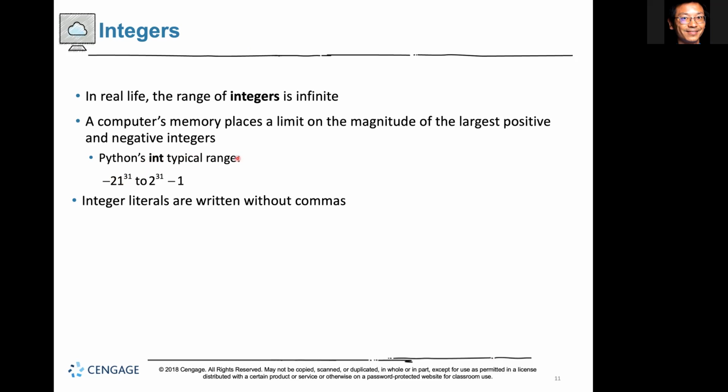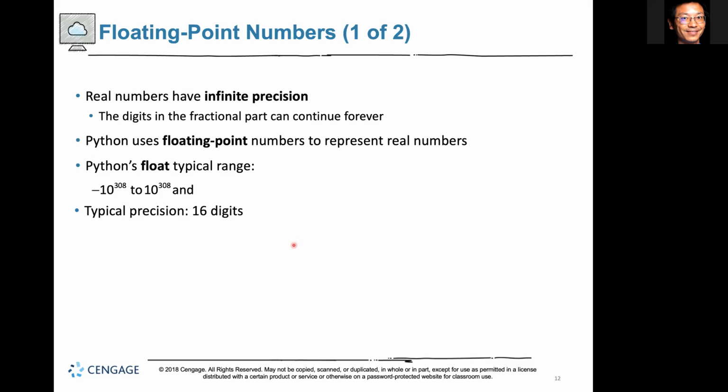Now, it says there's a typical range, although you can actually store larger numbers too. Python will take care of the large numbers, in fact. And then the real numbers have infinite precision. The float, it's because the way we represent real numbers in a computer is through floating point numbers. Okay. Here it mentions the typical range and the typical precision, about 16 digits.